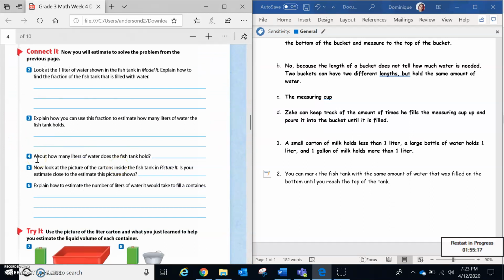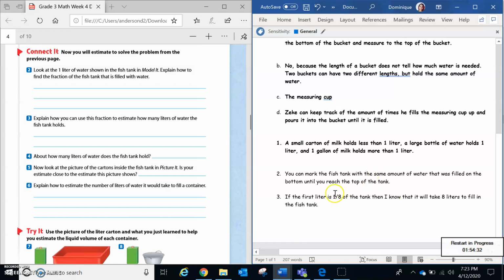So now number 3, it says, explain how you can use this fraction to estimate how many liters of water the fish tank holds, which is what we just said. If the first liter is 1/8 of the tank, then I know that it will take 8 liters to fill the fish tank.